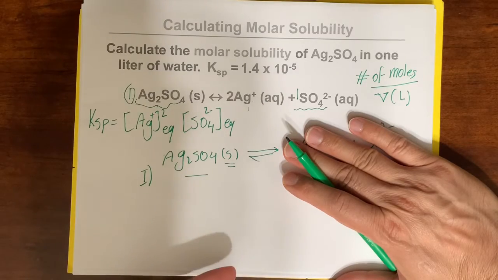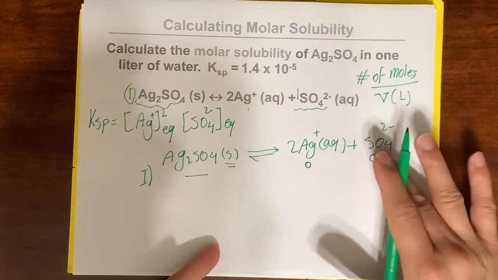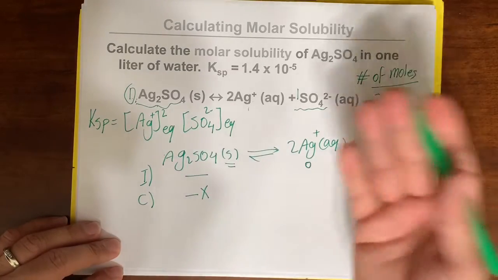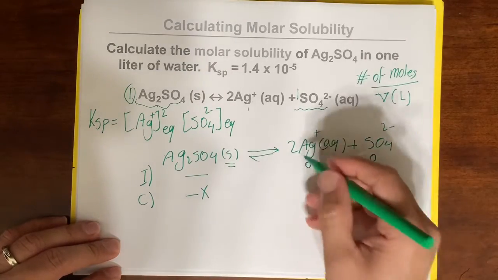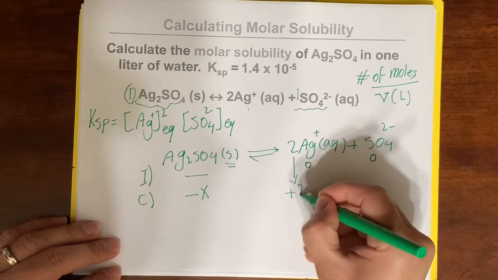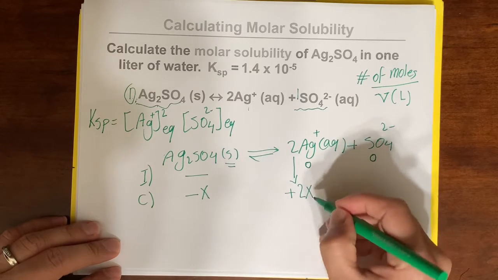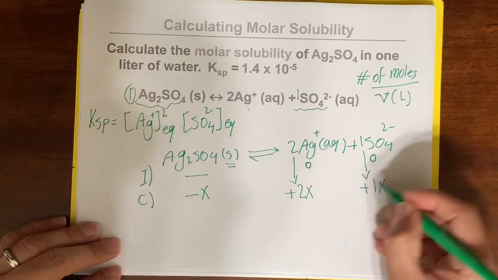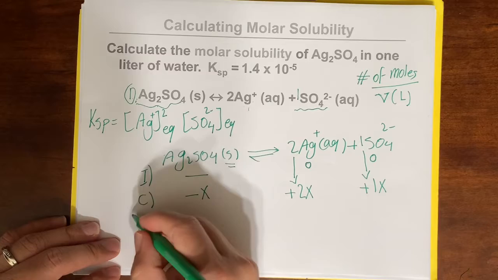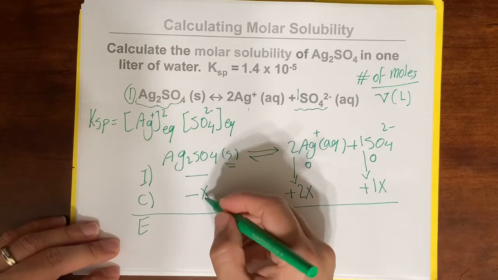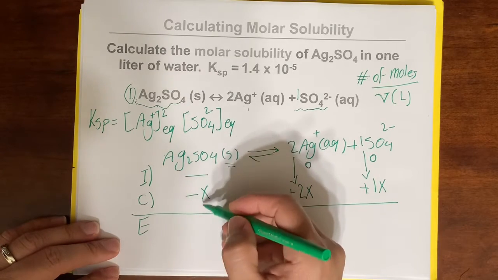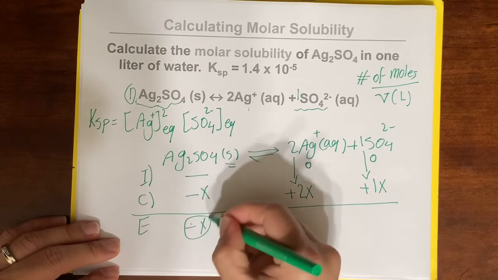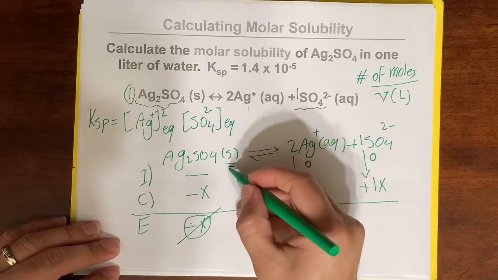So in order to have equilibrium, we need to generate ions. So I'm going to say minus X from the solid. How much silver am I going to get? I'm going to get 2 times whatever I'm losing, and here I'm going to generate 1 time X. So under equilibrium condition, I will have minus X from this solid, which we don't care about, because again, this is solid.